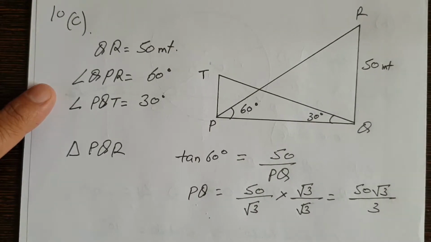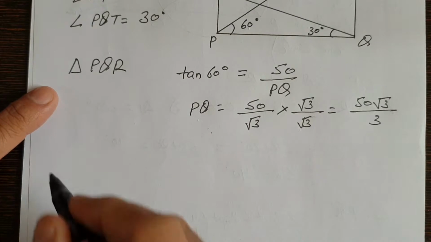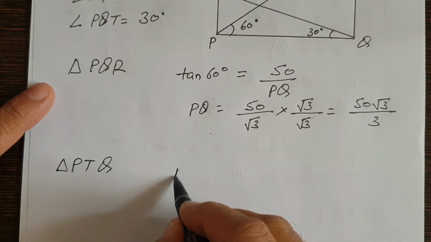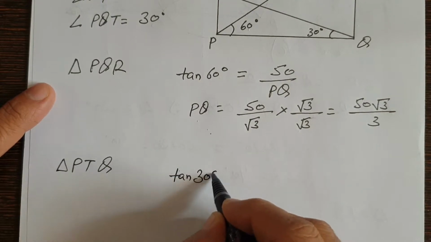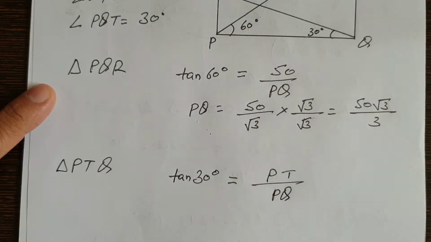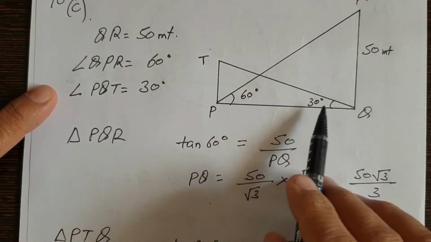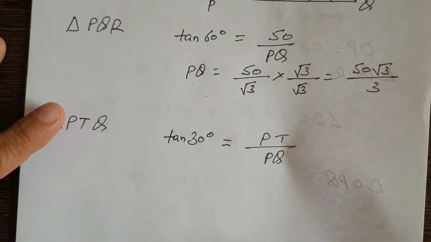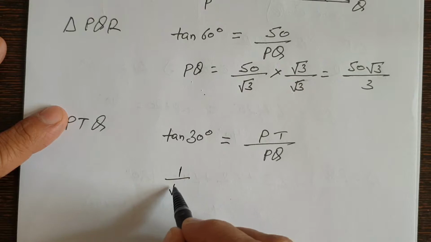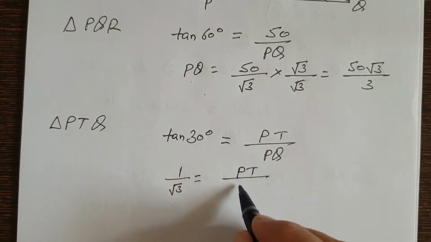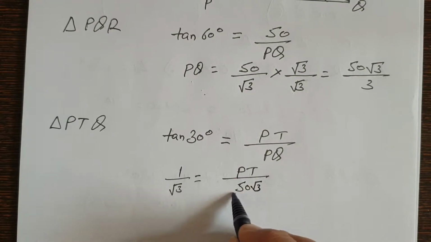Now we'll take the triangle PTQ. Now in triangle PTQ, tan 30 degrees equals PT by PQ. So tan 30 degrees is 1 by root 3, equals PT over 50 root 3 by 3.